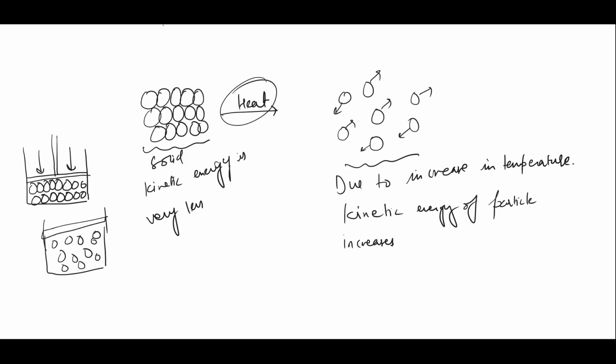Got it? Yes, sir. So in solid, the kinetic energy of particle is very less, and due to increase in temperature, the kinetic energy increases, which results in the movement of particles, and as a result it can change its state.